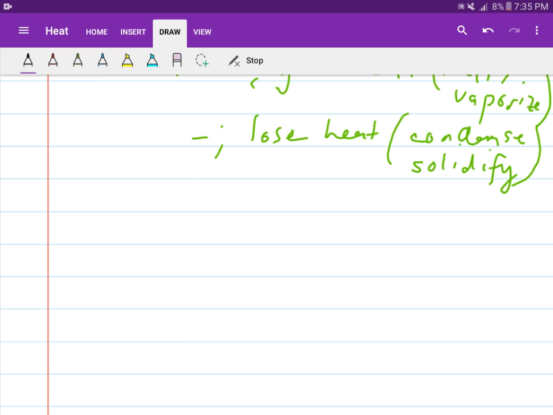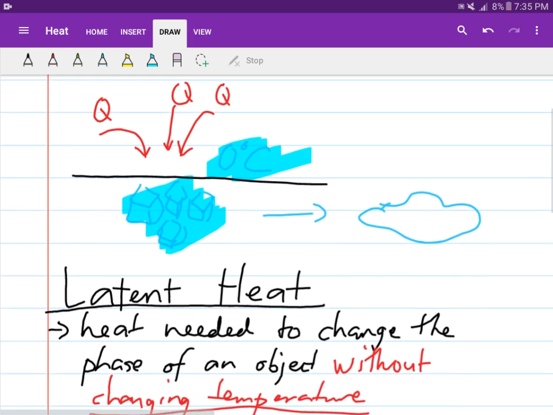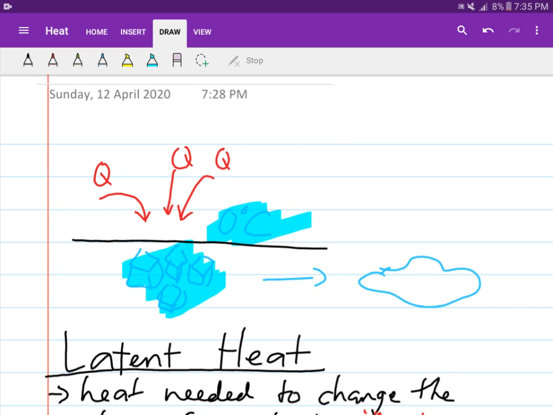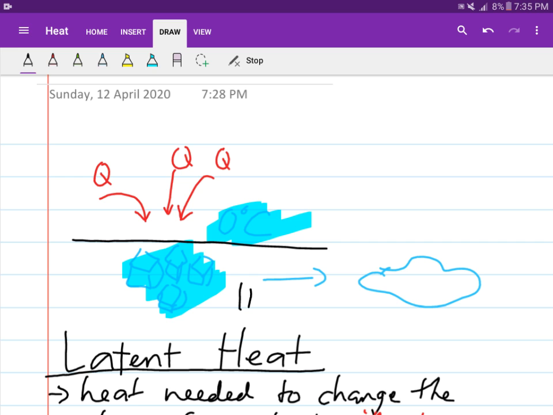So let's take our example again for the ice. How much heat do I need in order that this ice completely turns into water? Say that this ice is 1 kilogram and the latent heat of water is, let me check, 80 calories per gram.